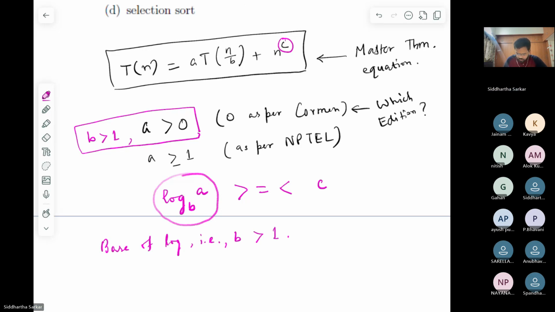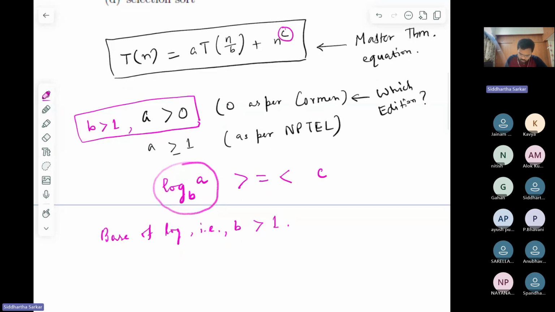And if you take the log of a number, log to the base b of a is asking for which x is b to the power x equal to a.